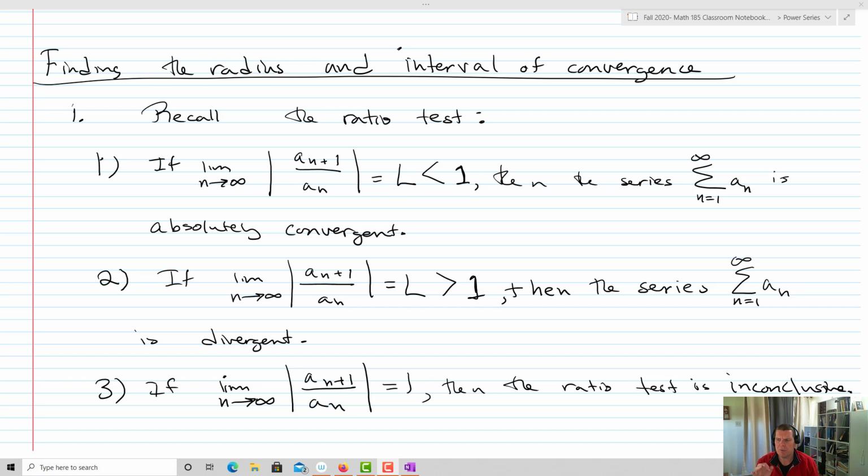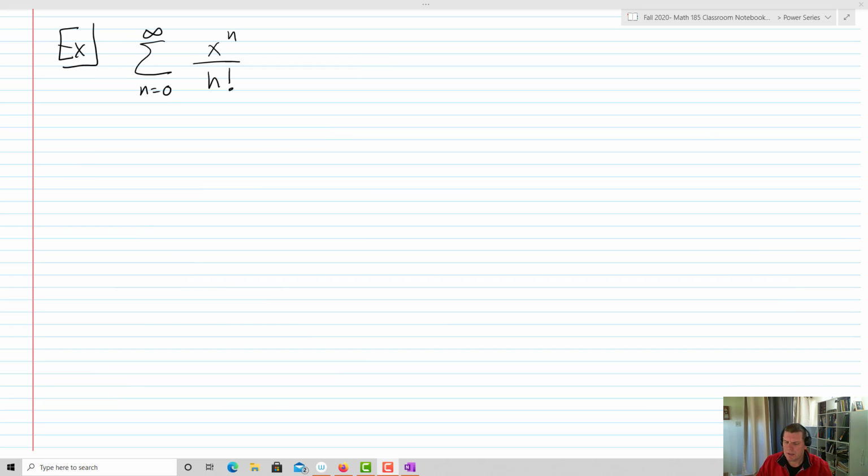So these are the three instances or cases that are going to be informative for us to actually go out and find the radius of convergence or the interval of convergence. Okay? So let's take a look at an example and see how this actually works. So let's take this example. The sum n equals 0 up to infinity of x to the n divided by n factorial.